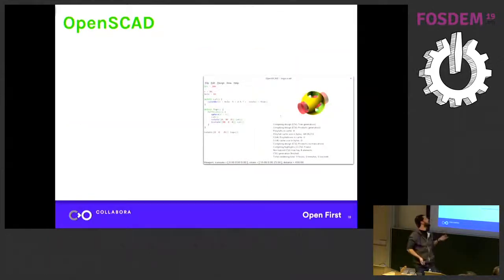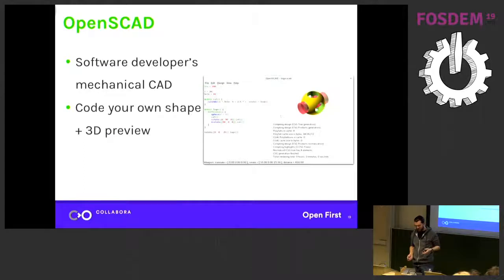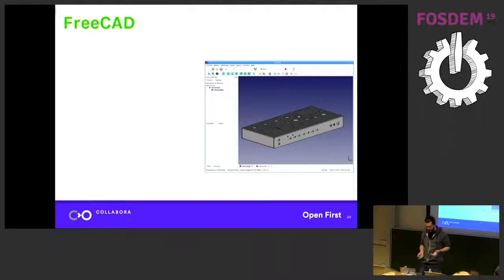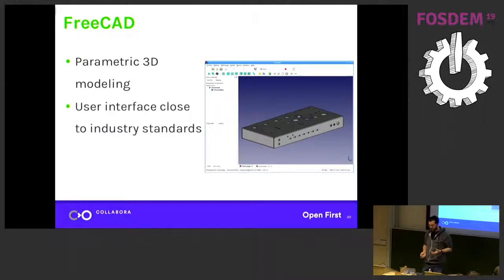Then you have OpenSCAD. This is mostly, I think of it as the software developers' mechanical CAD, where you code your shape and have only a 3D preview, but you can't interact with it. And finally, there is FreeCAD, which is a more traditional approach and has parametric 3D modeling.